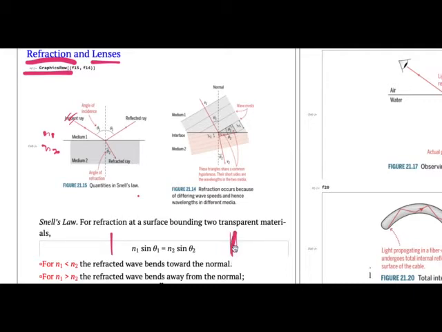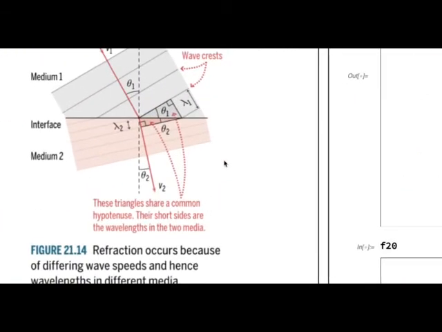Mr. Snell figured this out. There was also a Frenchman, Descartes. Descartes also determined this relationship by mathematical analysis. So the French call this Descartes' law, but everybody else in the world calls it Snell's law. And here's the proof. There's a little geometrical proof.